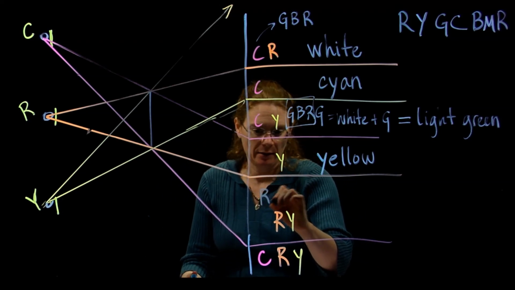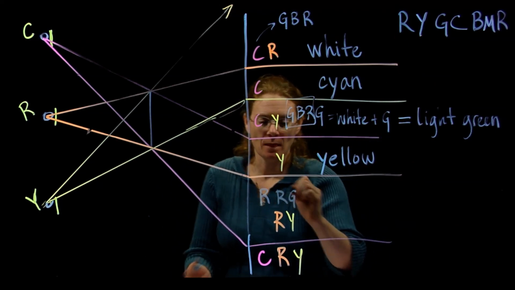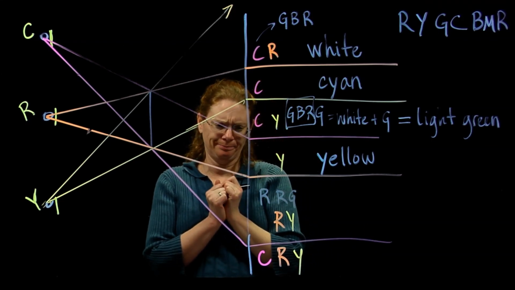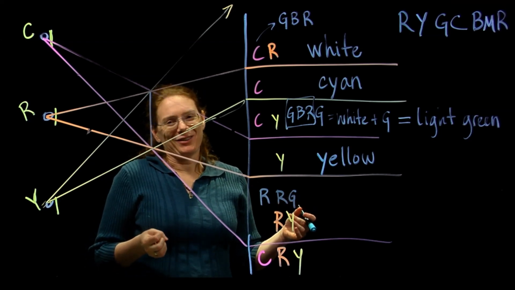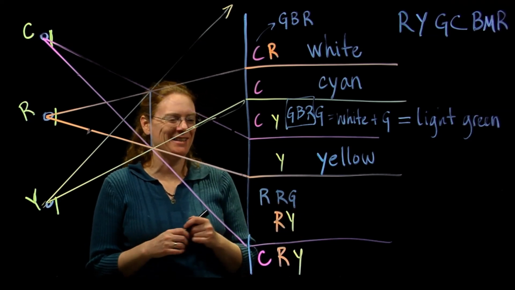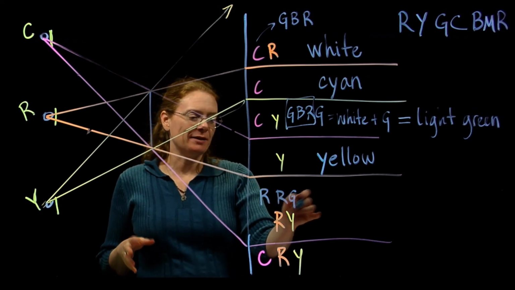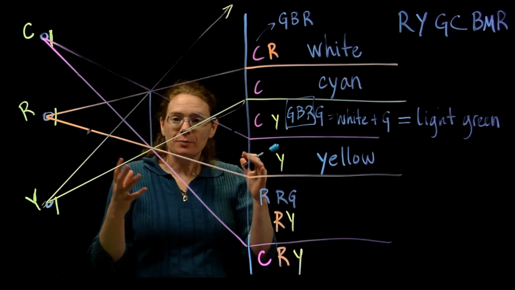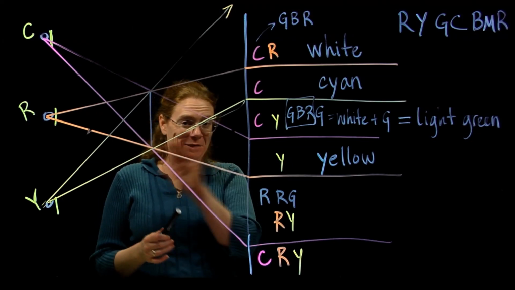Red is just red. Yellow is made up of red and green. Okay, so with this one, we don't have a word for this color. Well, we actually do. This is a bad choice. So red plus red-green, red plus yellow, there is no specific word for this, except that we do have a word for it, but ignore that word.